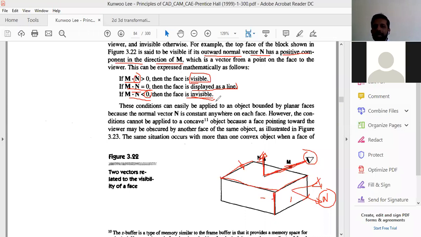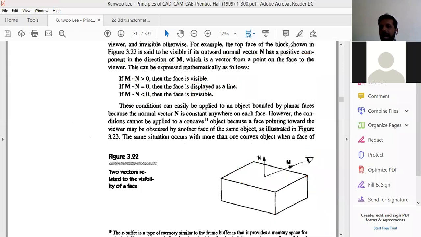But anyway, the idea of this algorithm is multiplying the viewing vector and normal vector for every face of the object, and considering each one of them, whether it is going to be visible or not. Based on that, the object is going to be projected either as a visible surface or as a hidden surface. So this is the basic algorithm.